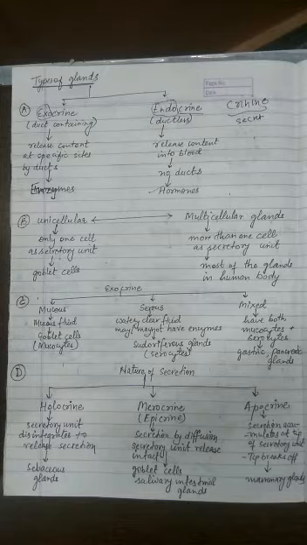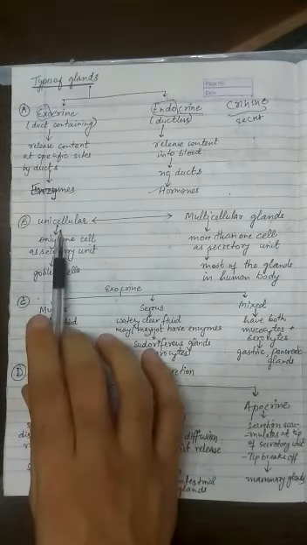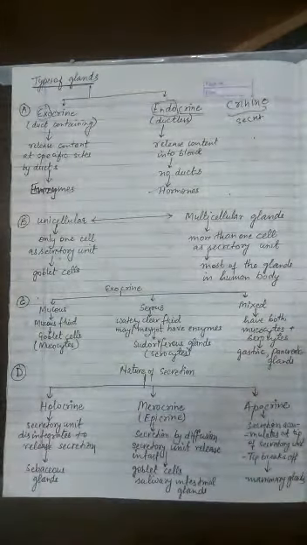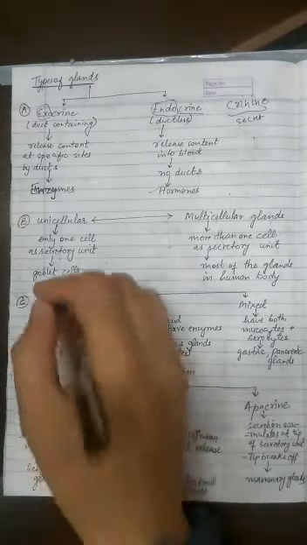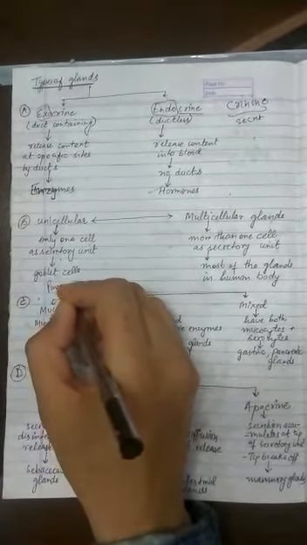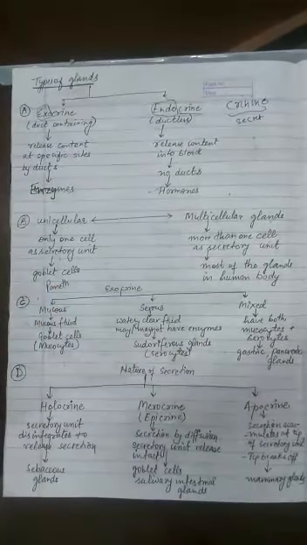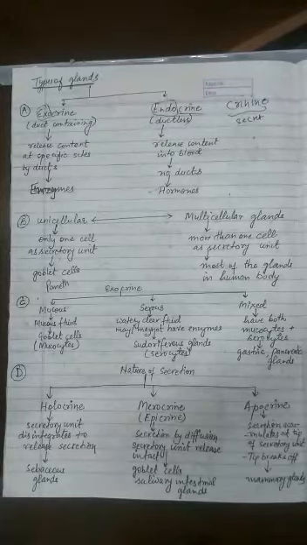Now the second type of glands possible are unicellular and multicellular. A gland made up of a single cell, and the single cell is a secretory unit. So a single cell is able to cause secretion. The goblet cell is the best example. Even Paneth cells will come in the intestine. These are all good examples of single cell glands.